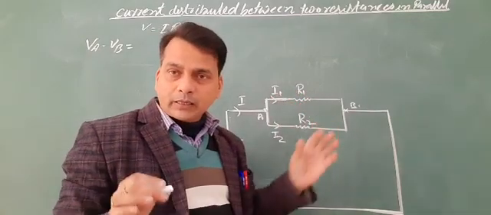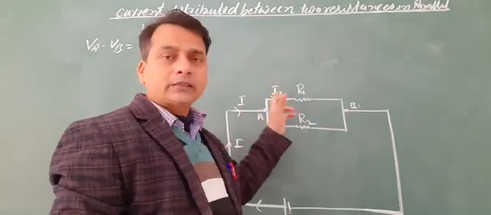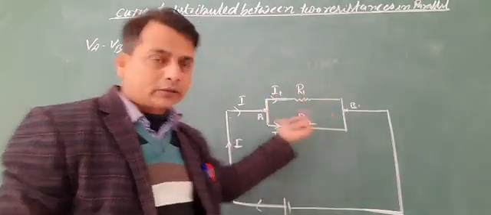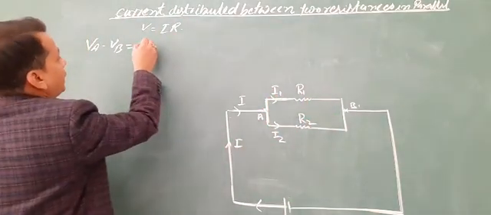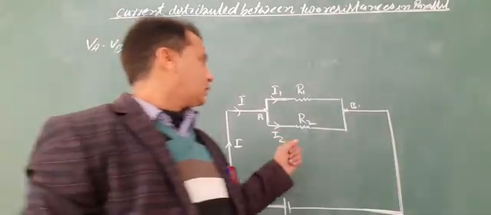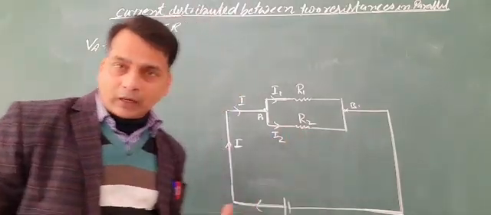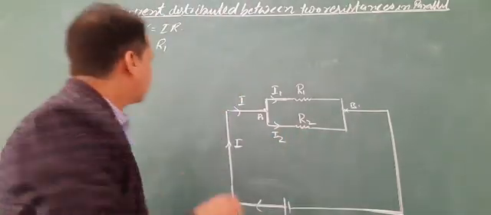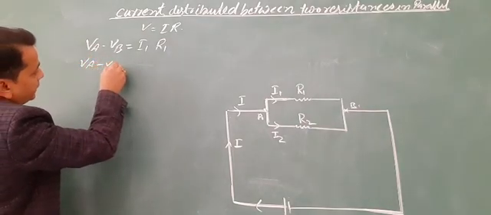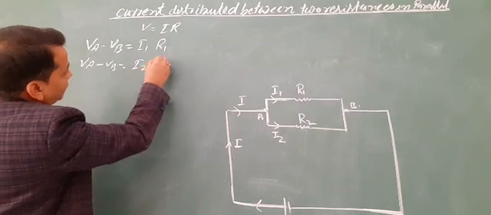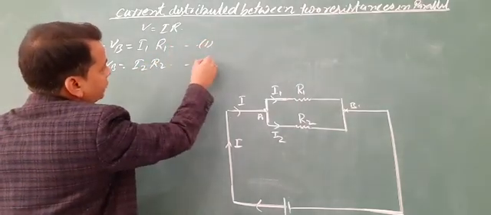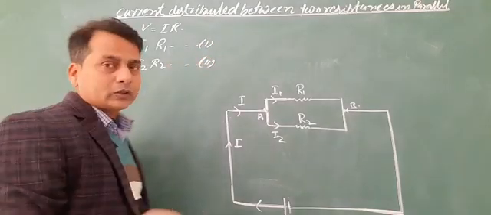Now the current I2 flows through R2, then the potential difference VA minus VB equals I2 into R2. That is the first equation.